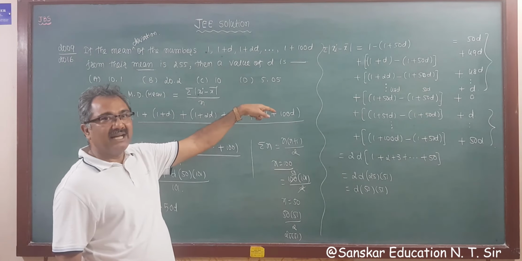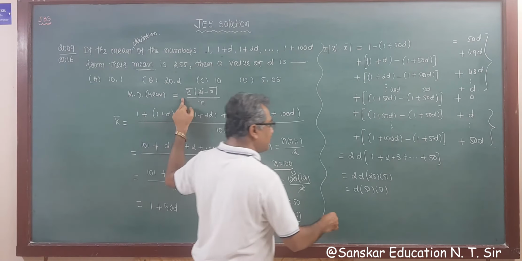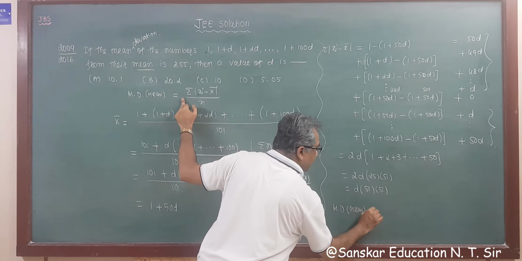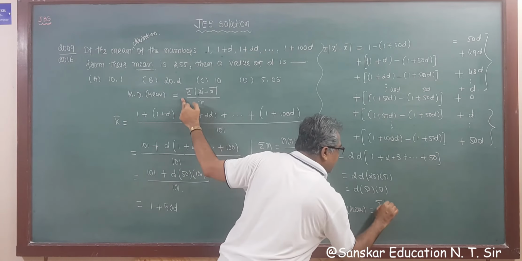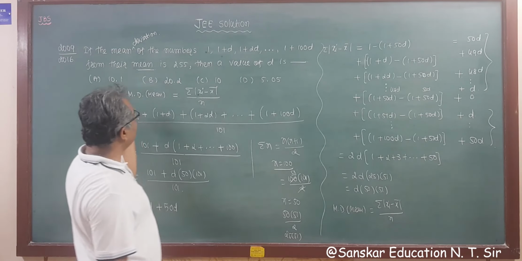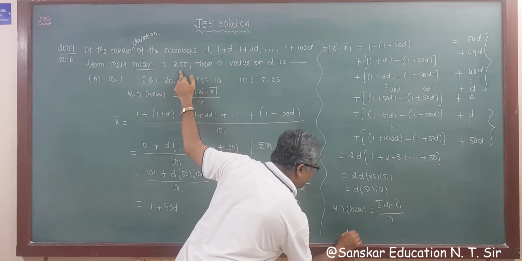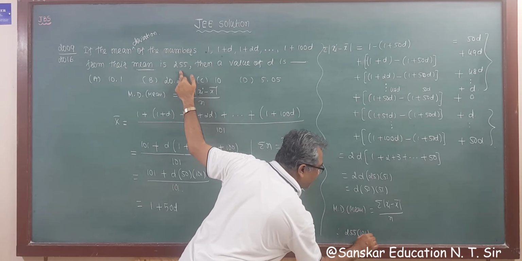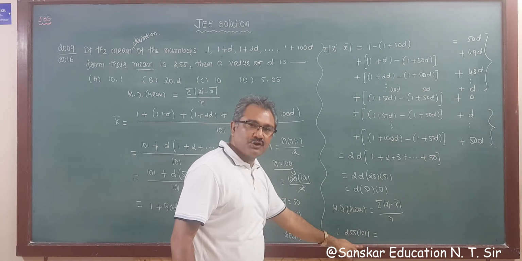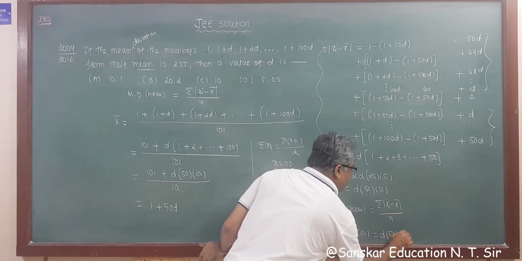So this is sigma of modulus xi minus x bar. The formula for mean deviation about mean is sigma modulus xi minus x bar upon n. Now the mean deviation is 255, and n is 101. So 255 into 101 is equal to sigma, which is d into 50 into 51.